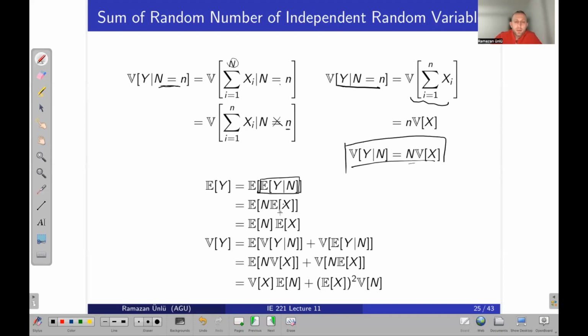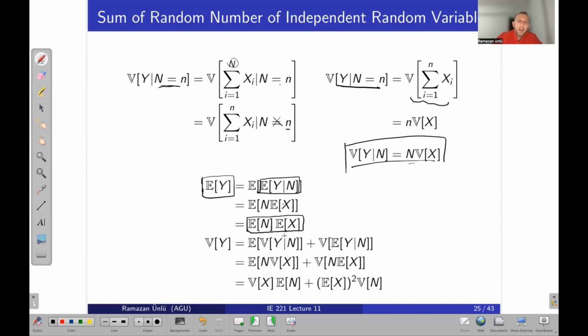And because the expected value of X is a constant, I can rewrite that part as the expected value of N times the expected value of X. So based on Adam's law and what we found from these calculations, the expected value of Y is equal to the expected value of N times the expected value of X.